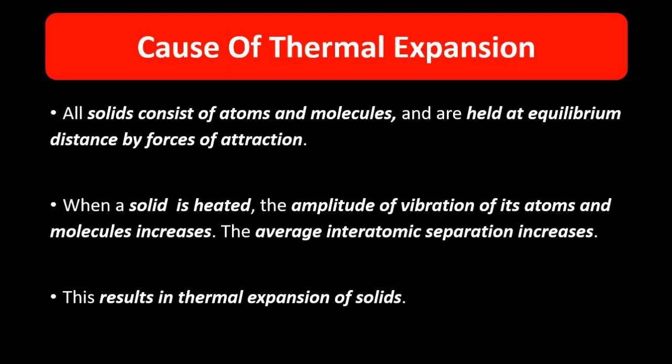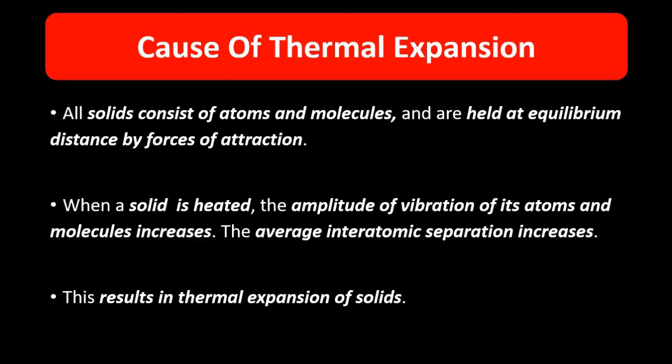Now we have studied, while discussing the basic mechanical behavior of solids, and also while discussing heat and temperature, that all solids, all materials, are made up of atoms and molecules.